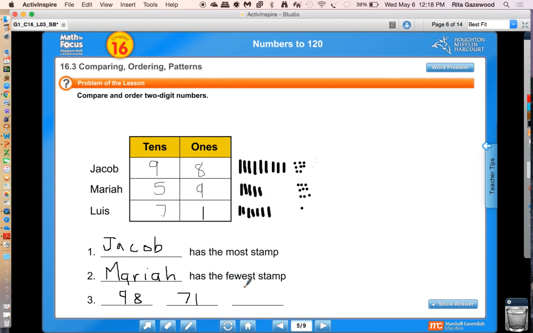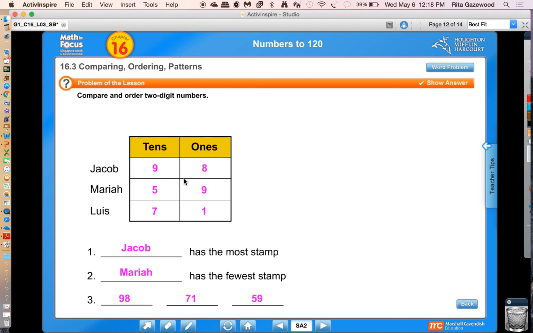So the least number is 59. So we've put our numbers in order from greatest to least. Should we check our answer? Looks like we did everything correctly. Good job, guys. Way to work together.